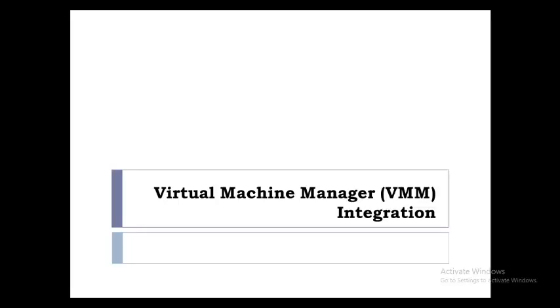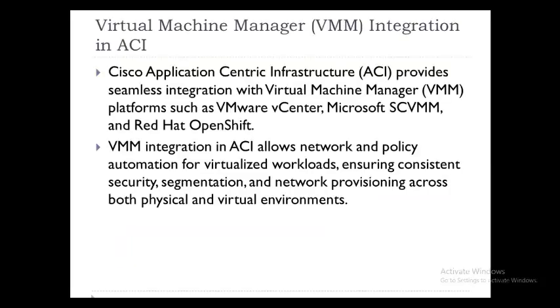Cisco Application Centric Infrastructure provides seamless integration with Virtual Machine Manager (VMM) platforms such as VMware vCenter, Microsoft SCVMM, and Red Hat OpenShift. These are all popular. Cisco can work with all these things.